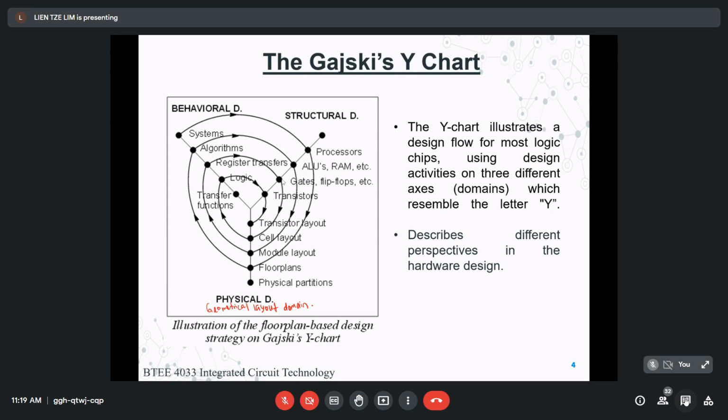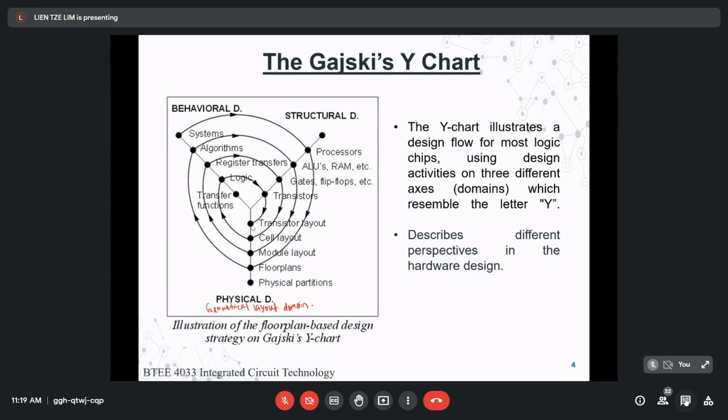Then it goes to the cell level, cell layout, and then logic. Logic means the logic functions or Boolean functions. This logic of Boolean functions can be represented by the transistors in the transistor layout.